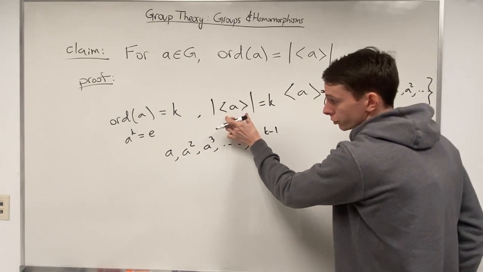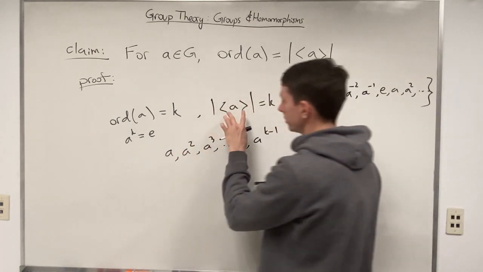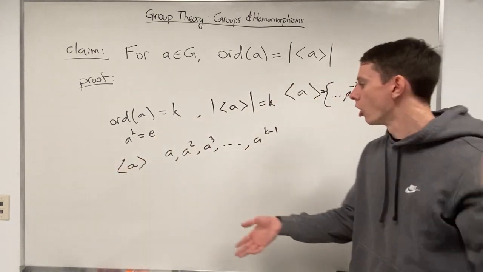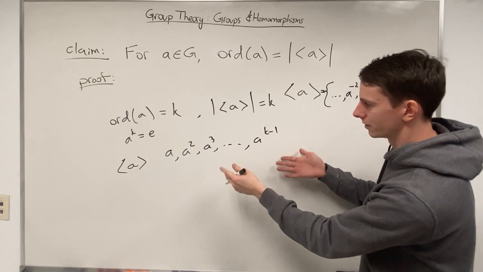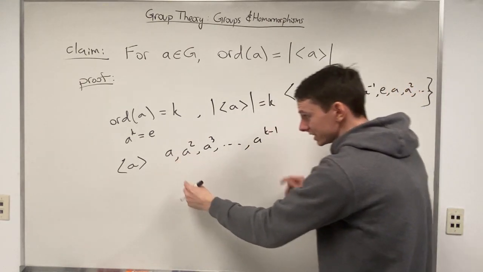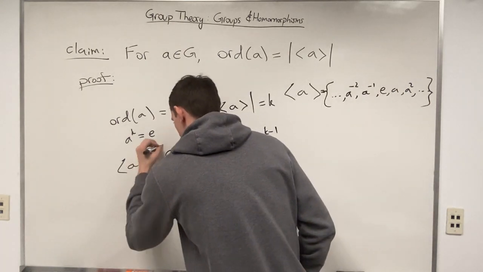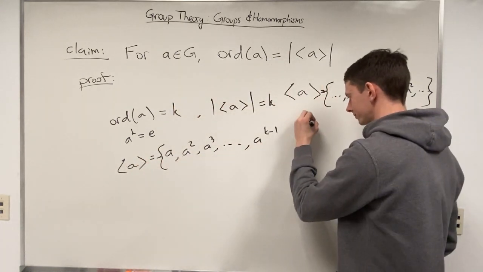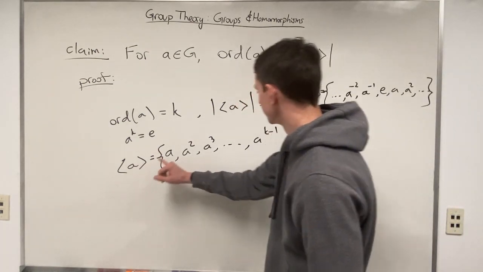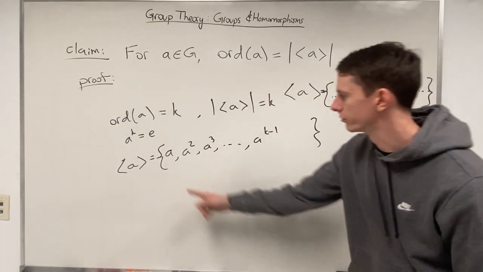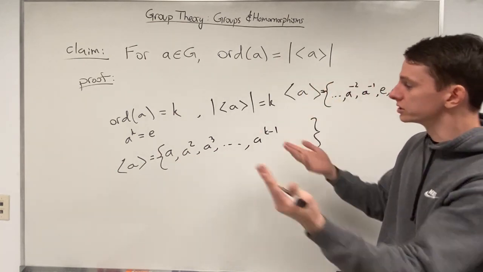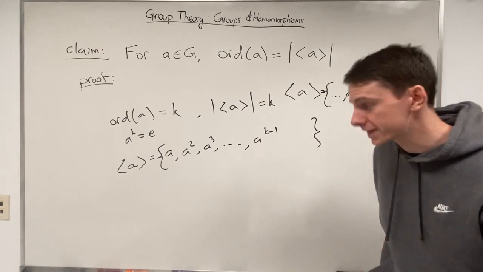So the cyclic group generated by a is going to contain all unique powers of a. So it's going to contain these k minus 1 elements in it. So we know that the cyclic group must have at least k minus 1 different elements. We have 1, 2, 3, 4, all the way up through k minus 1. And then we say, okay, well, what would the kth element be?